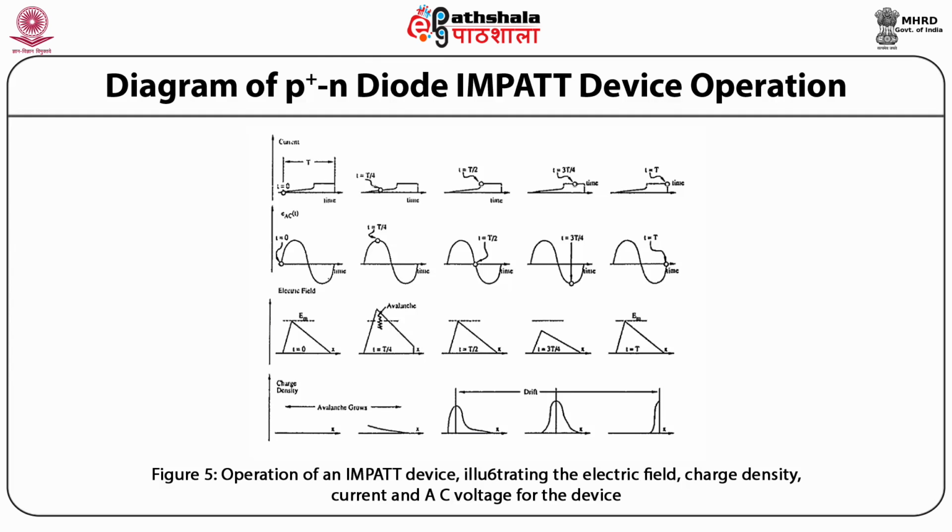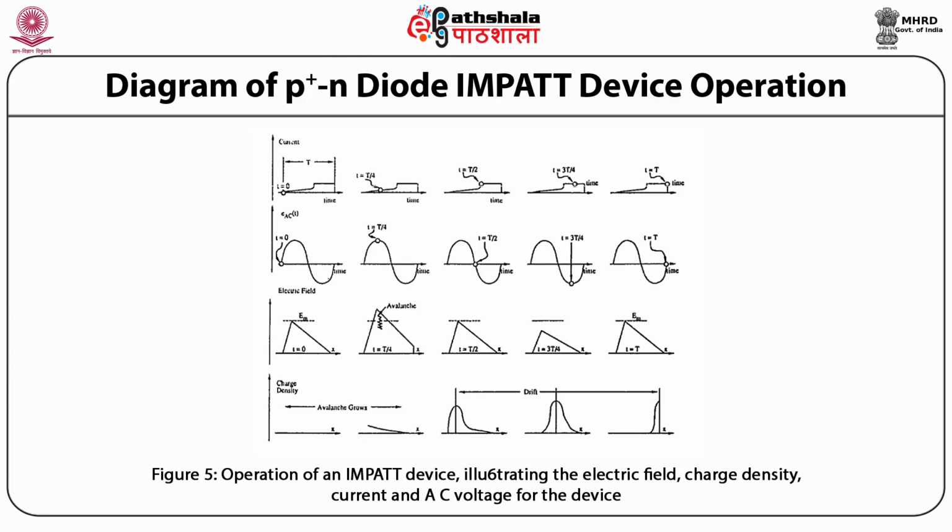Now here we assume that the electric field consists of a DC component adjusted so that the reverse breakdown just occurs, and an AC component which is added uniformly across the device.